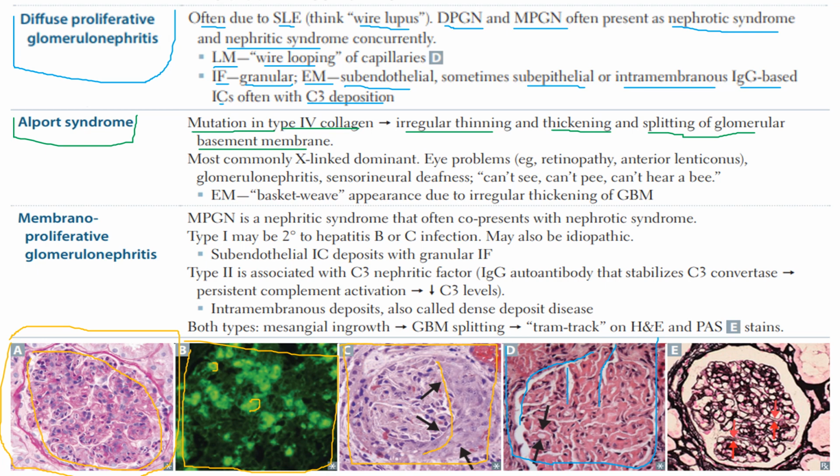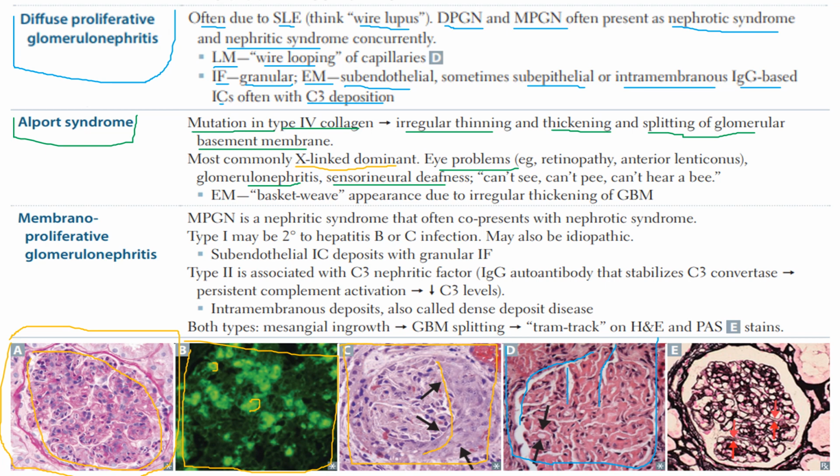It is most commonly X-linked dominant, which leads to eye problems, for example retinopathy, anterior lenticonus, glomerulonephritis, and sensorineural deafness.